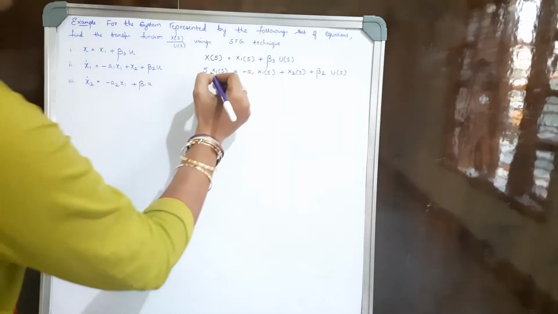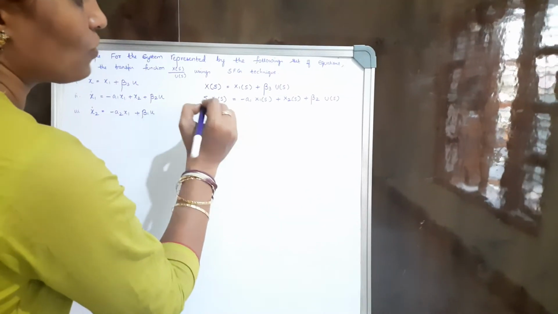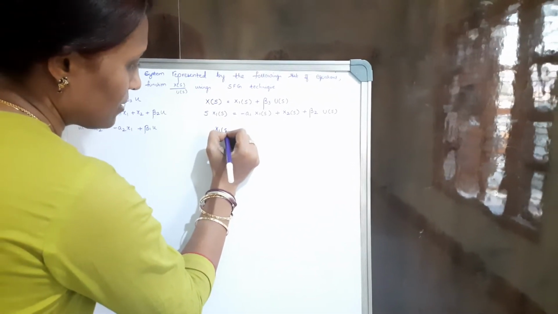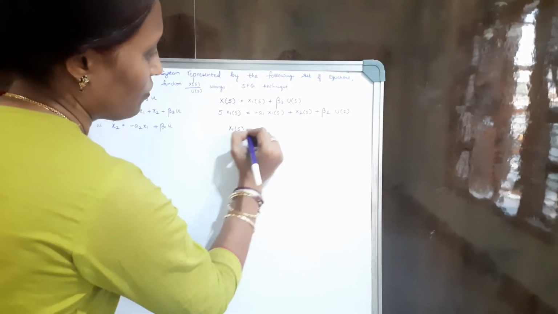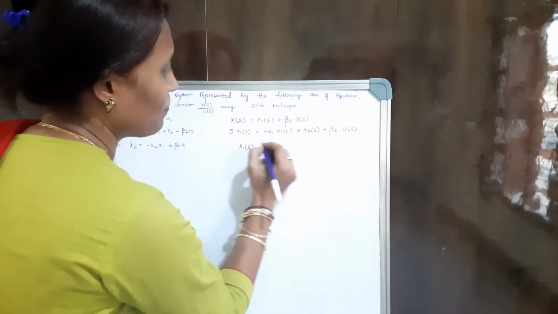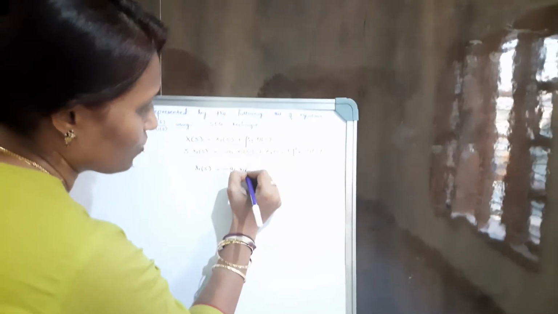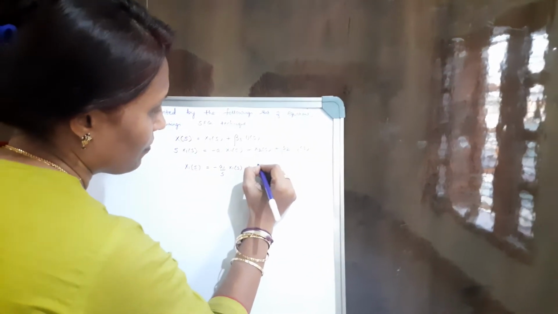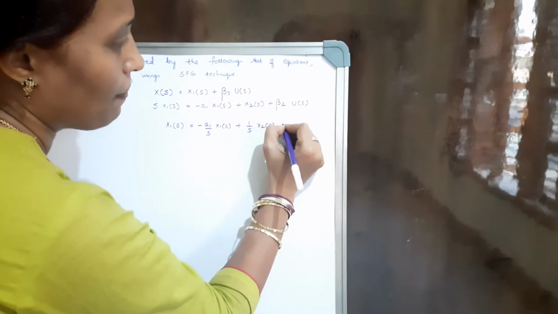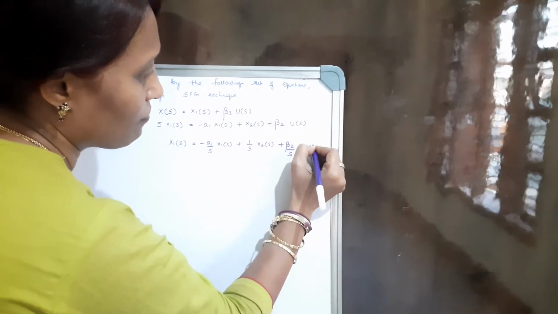I want just the variables, that is X1(s), X(s), U(s), so that I can consider these to be nodes. So, if I consider X1(s), all these terms will be divided by s. So, X1(s) = -a1/s X1(s) + 1/s X2(s) + β2/s U(s).